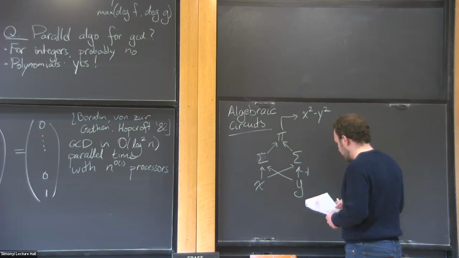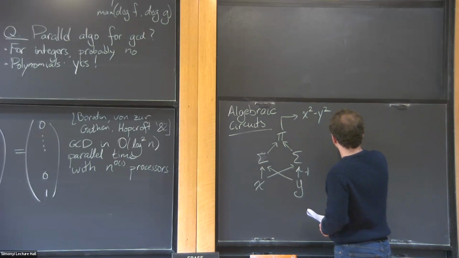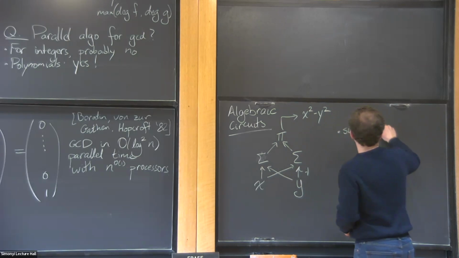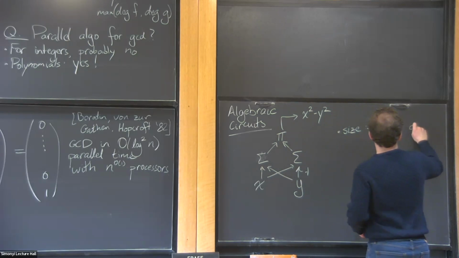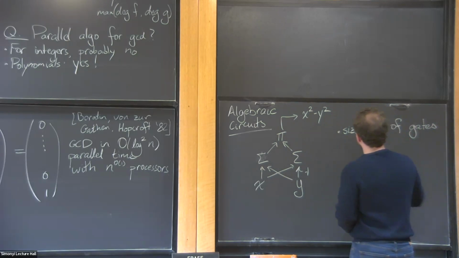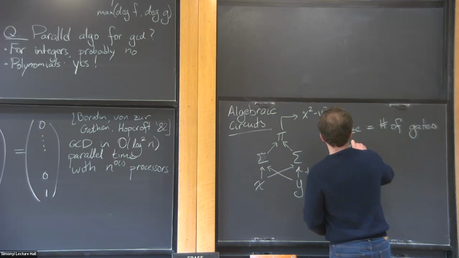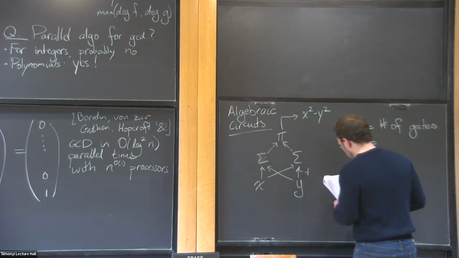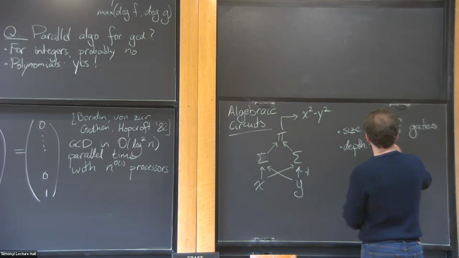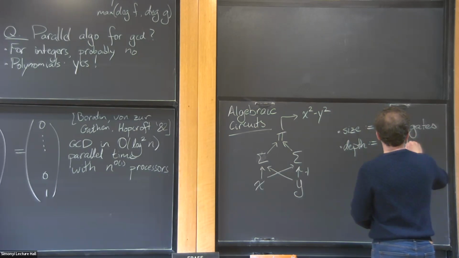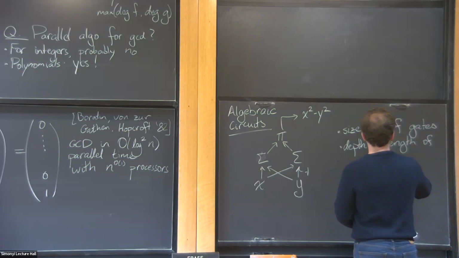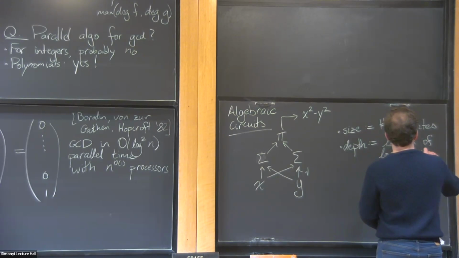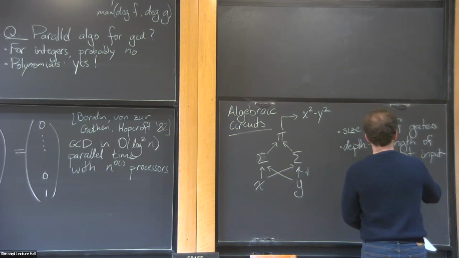So this model is arithmetic computation. There are two parameters that we'll care about. One is the size of a circuit, which is just the number of gates. The second is the depth, which is the length of the longest input to output path.